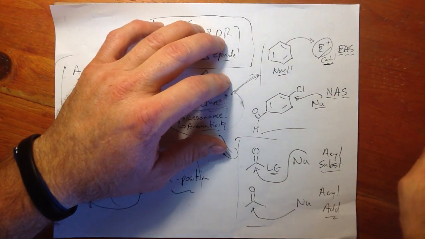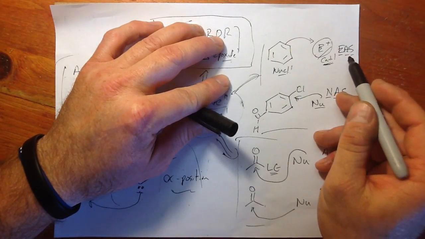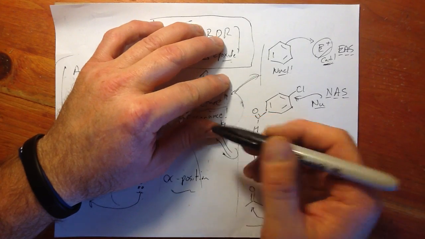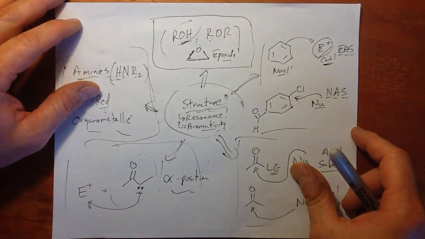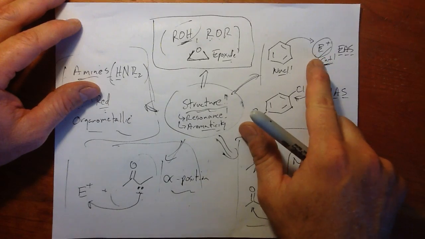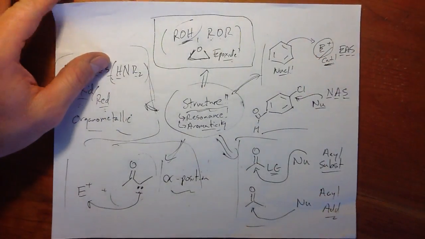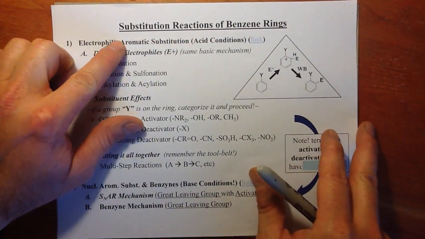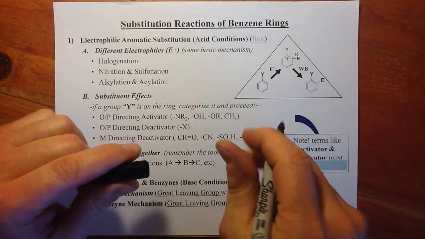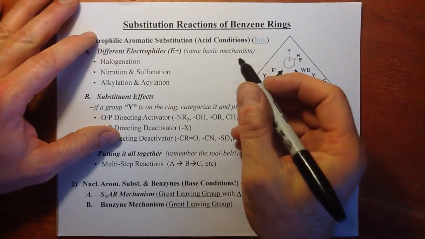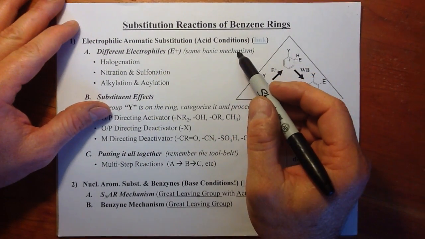So let's look at just the basics of electrophilic aromatic substitution, and then we'll look at 3 specific types of electrophiles. So let's go ahead and look at just electrophilic aromatic substitution, where we're going to have strong Lewis acid or Bronsted acid conditions.